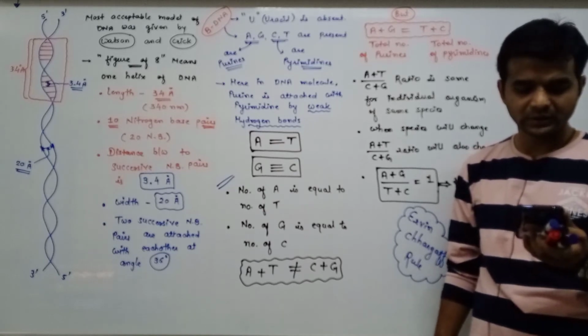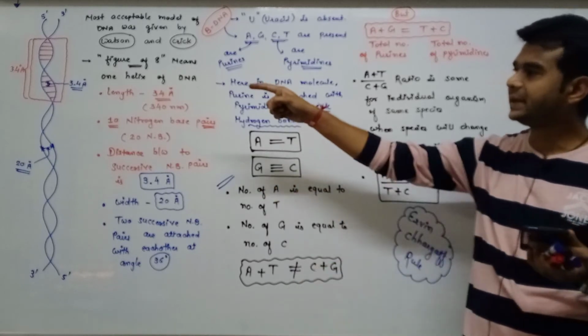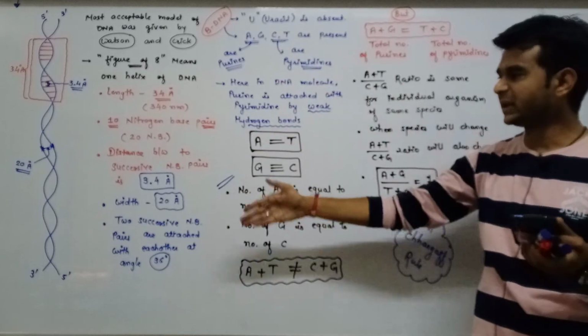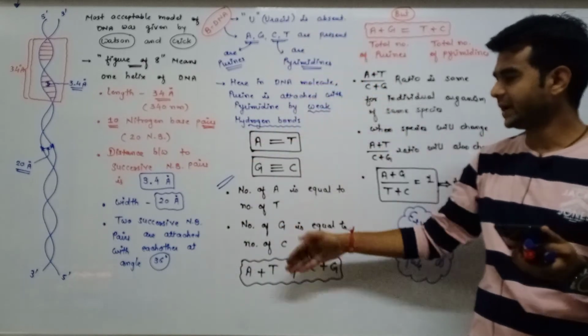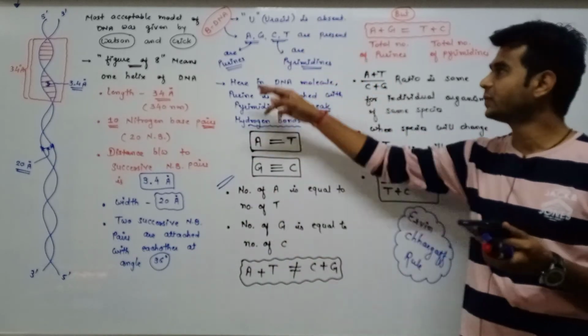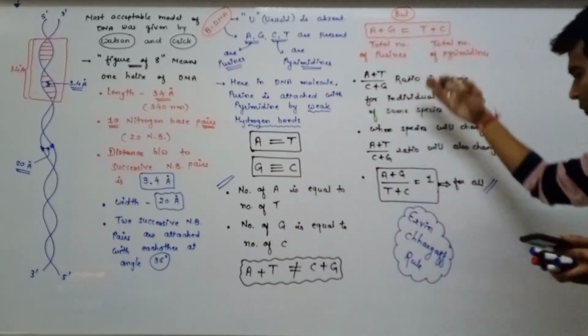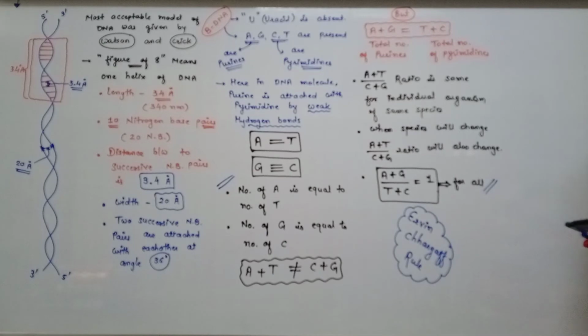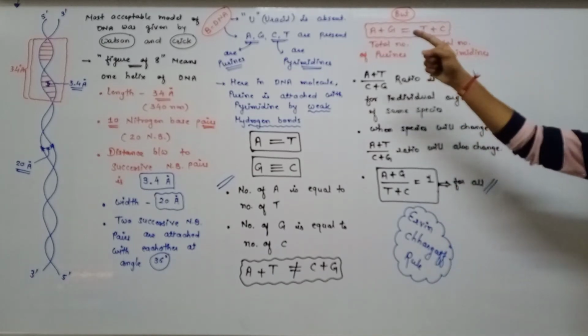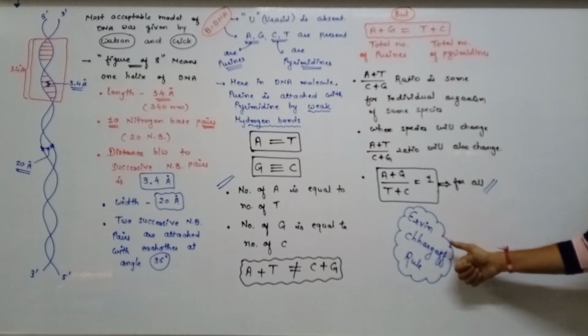The DNA with the above mentioned salient features is known as B-DNA. So all the information we have discussed right now is of B-DNA. And yes, the Erwin Chargaff rule is applicable only for B-DNA, not for others. Fine.